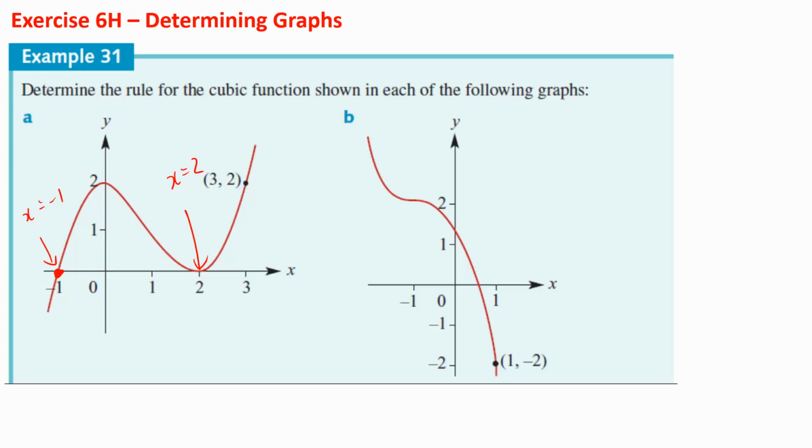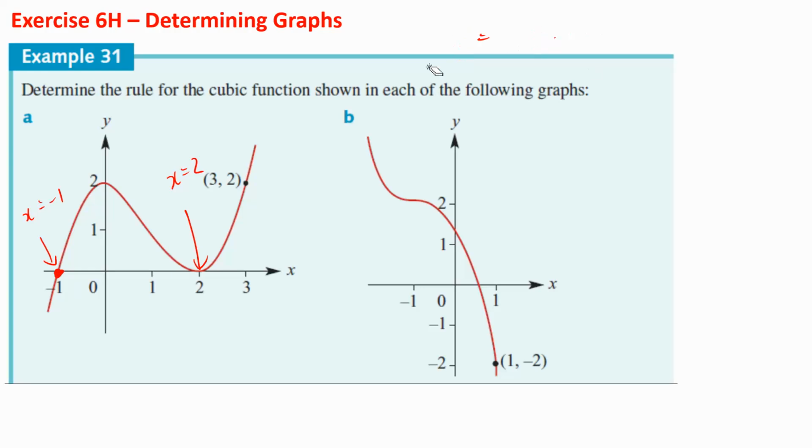So what does that already tell me in my equation? What are my factors? The only way to get x-intercepts at -1 and 2, my factors have to be what? It's just from last lesson. To find x-intercepts, you know that your linear factors have to be what?